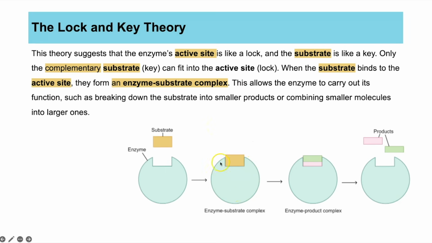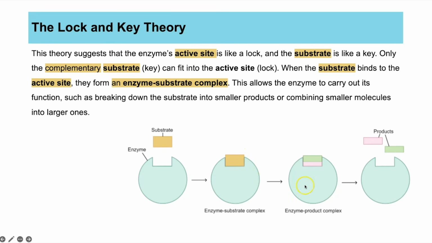And that's because when this enzyme substrate complex forms, that is what is catalyzing the reaction, because it's helping to break apart the substrate. Or if it's a reaction where you're joining two molecules together, it's holding them in place and making it easier for the bonds to form. So this is allowing the enzyme to carry out its function.